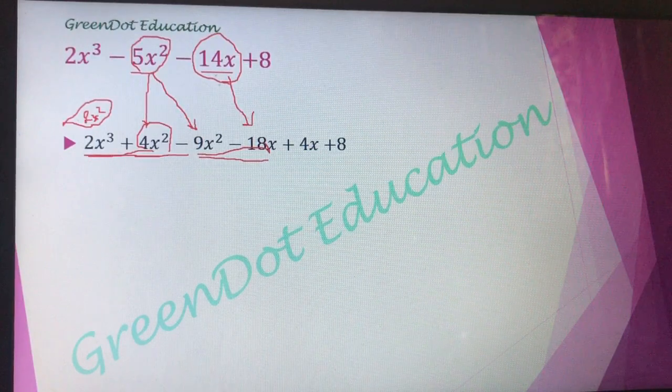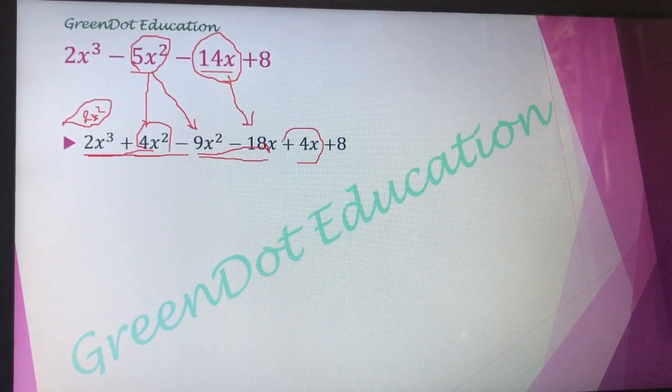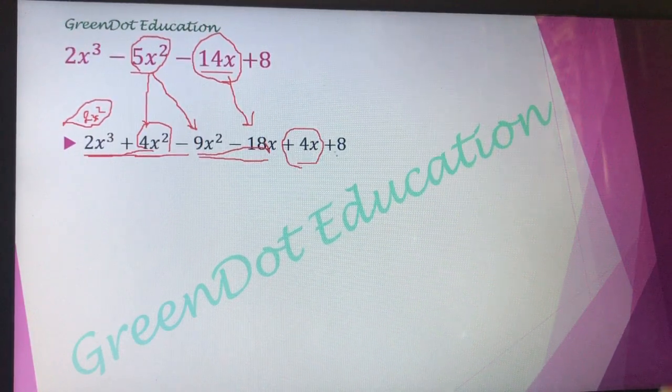And similarly for making this term, if I write minus 18x, then making up this term I have to add 4x, so that minus 18 plus 4 will give us minus 14. So remaining term will be written over here and the last term will be placed here.